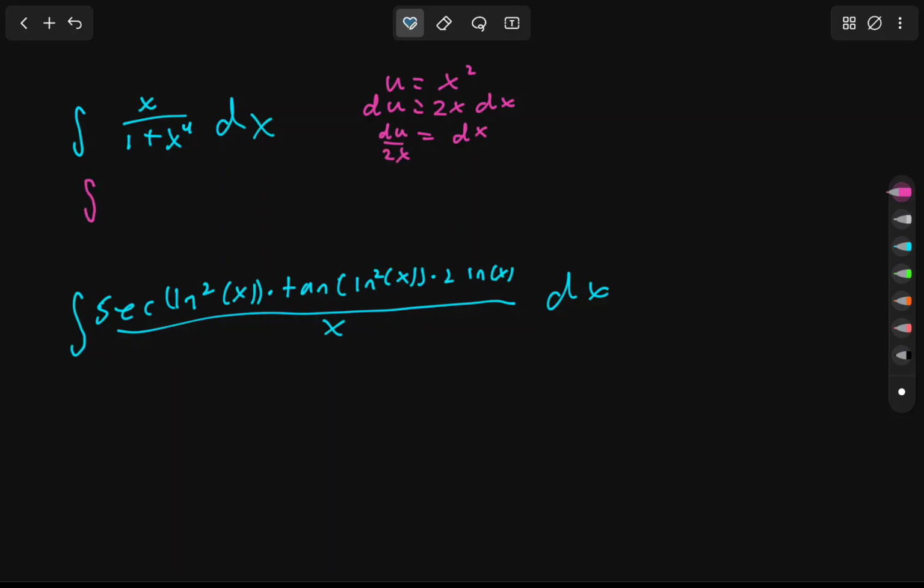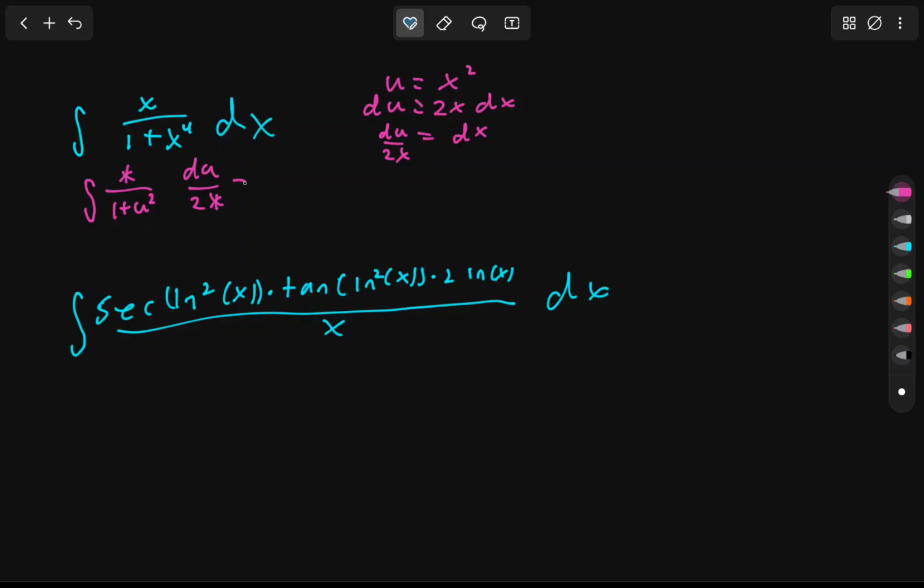So we now get the integral of x divided by 1 plus u squared times by the differential dx, which is really du divided by 2x. The x's will cancel each other.